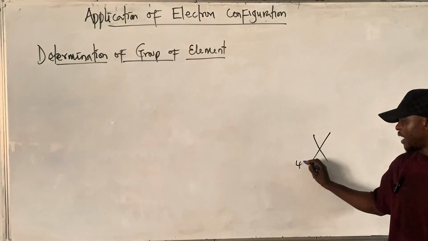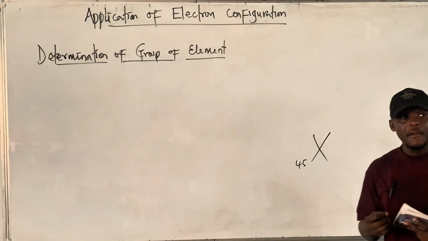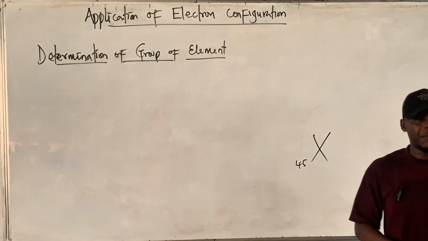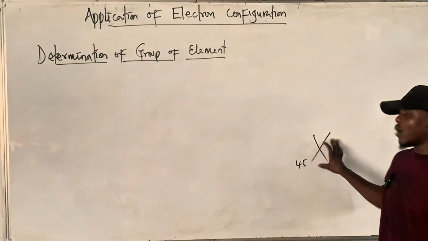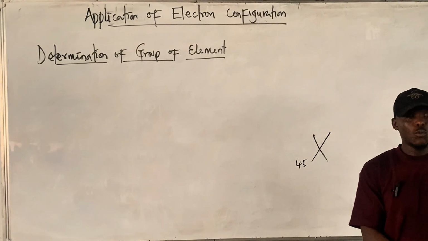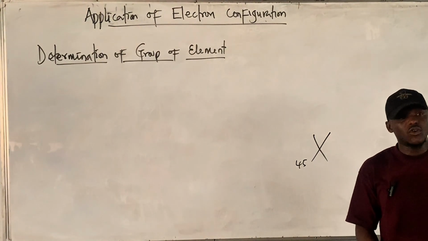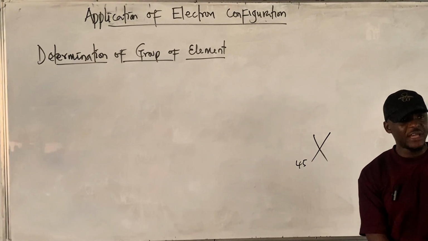They can give you 45, which if I ask us which element has 45, many of us will not be able to recall, or perhaps many of us are not aware of. Yes? So they will ask you, X has atomic number 45. What is the group of X? What is the period of X? And perhaps what is the block of X?